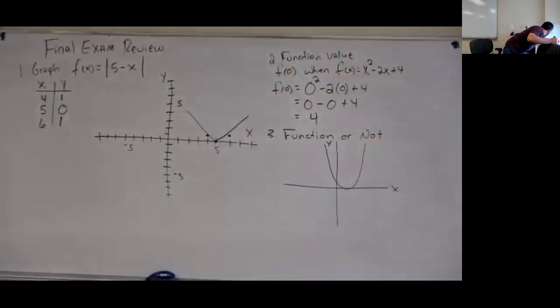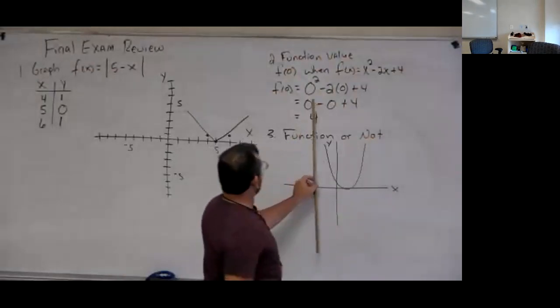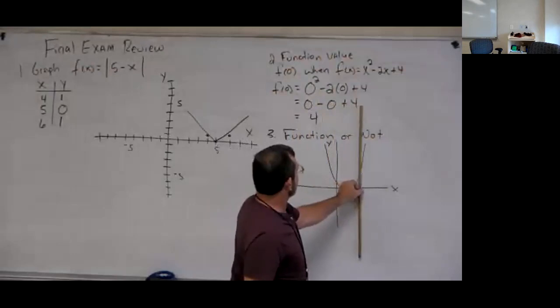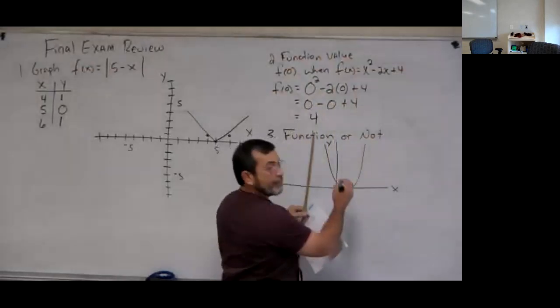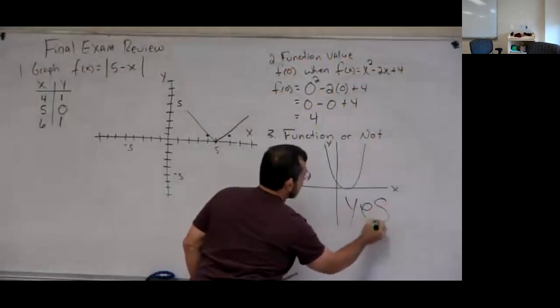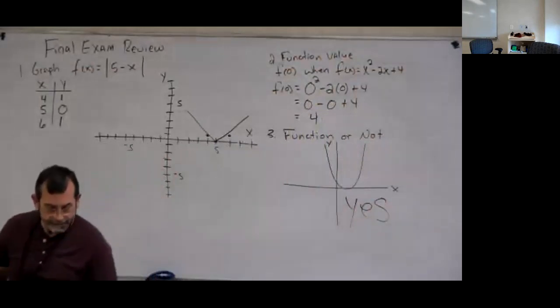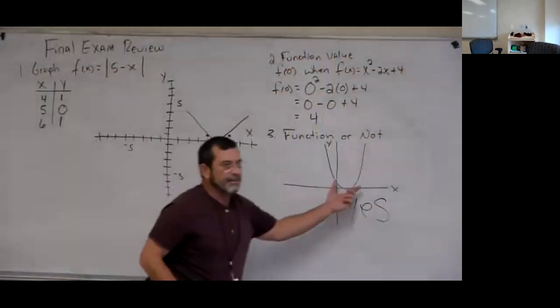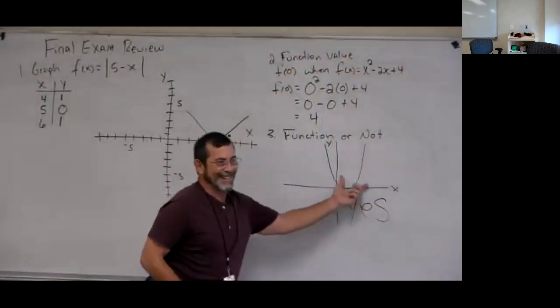So hand me the stick here. Notice if you run that pencil or pen across that graph, it does not intersect my graph more than one time. So this is definitely, yes, a function. We all have to know this because we've been playing with these parabolas all year, right?